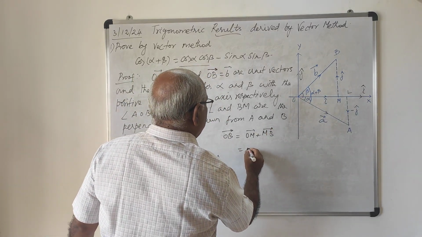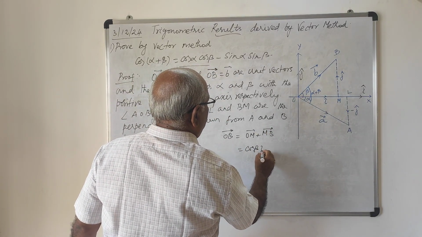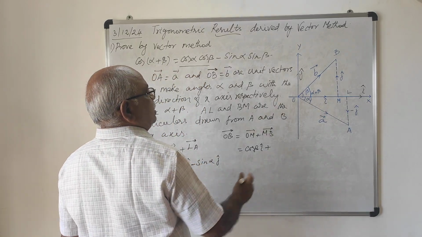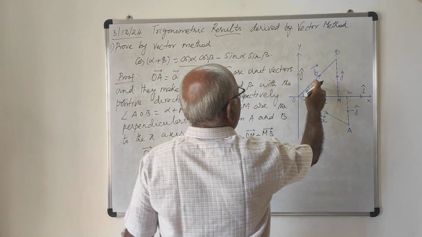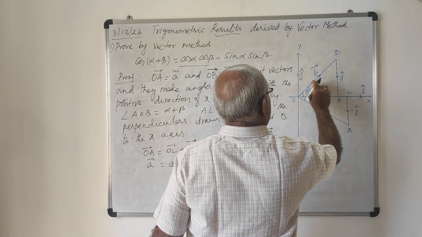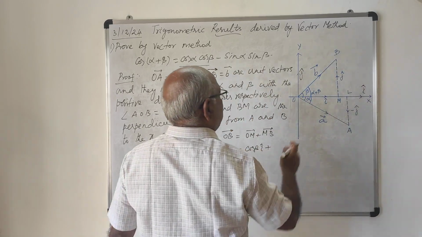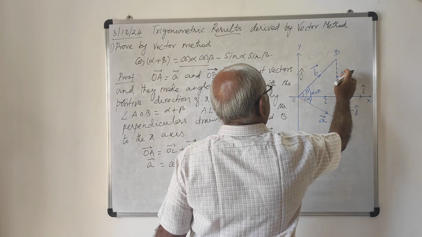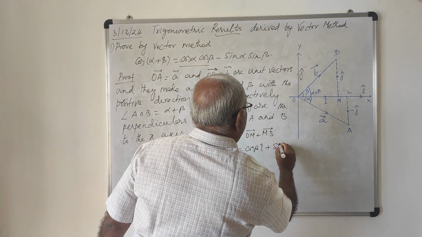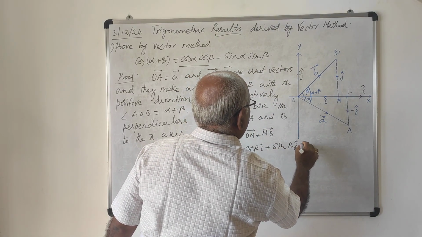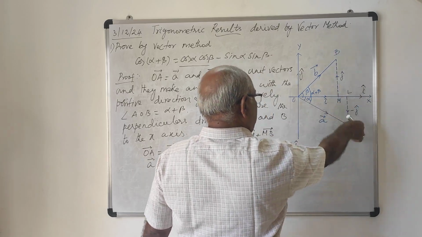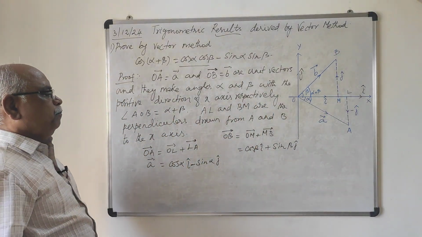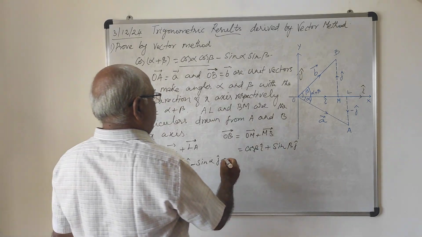Therefore OM is cos beta into I, and MB is parallel to the positive direction of J and is the opposite side of angle beta in the right-angled triangle. Therefore MB is sin beta into J. So this is OB, the B vector.